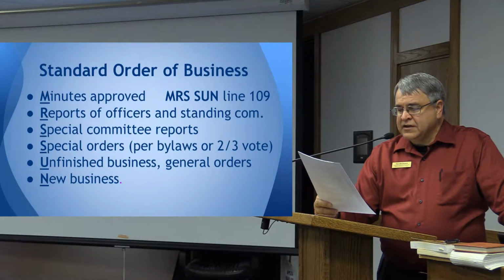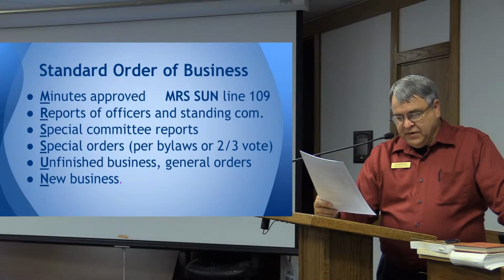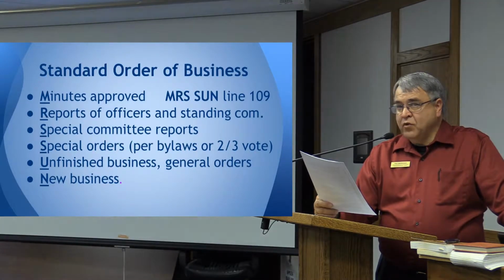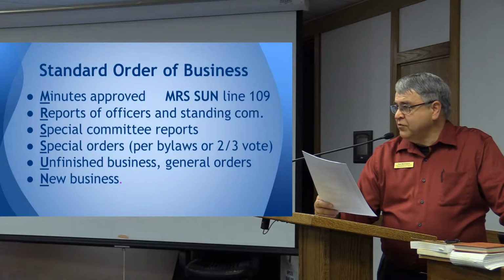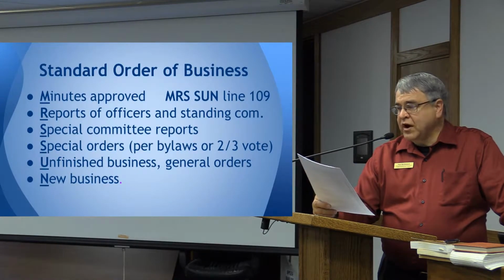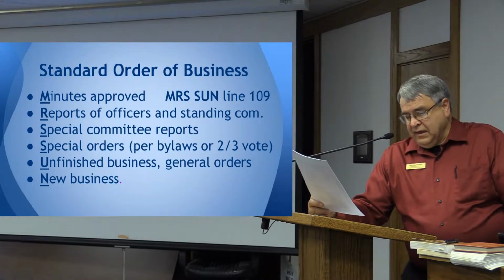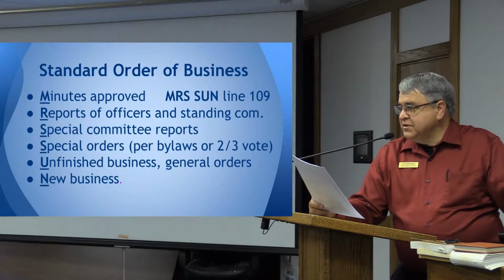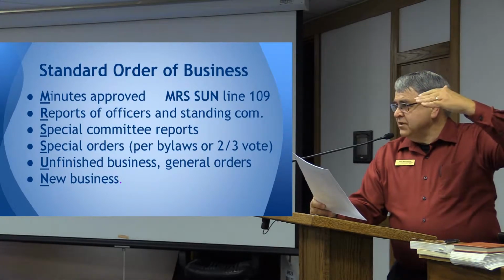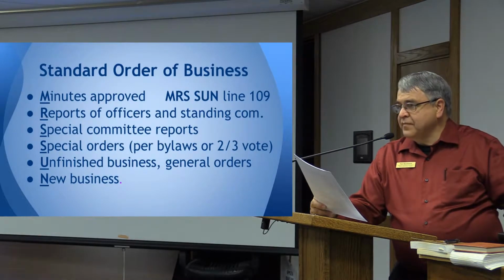A little bit of explanation. If you have minutes for more than one meeting to correct, the longest ago one, those minutes are approved first, and then in chronological order. If you have multiple officers to give reports, they report in the order that they are listed in the bylaws.